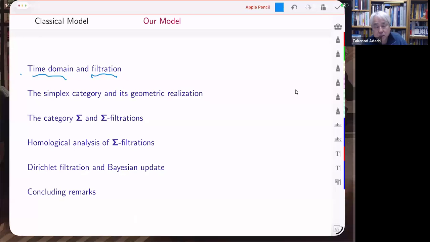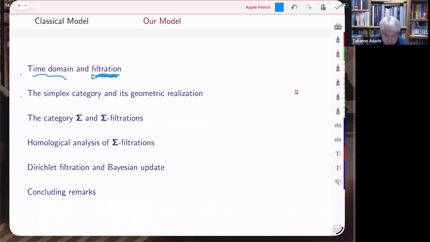This is not new; it is a collaboration with Professor Liu and Professor Nakajima, but for beginners and unfamiliar people, I will explain some of this filtration. Then we move on to some tools borrowed from algebraic topology for making our time domain.